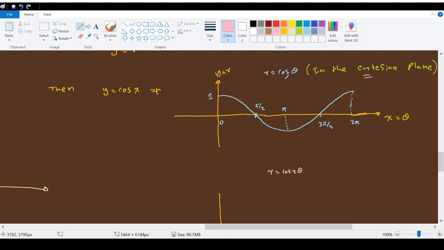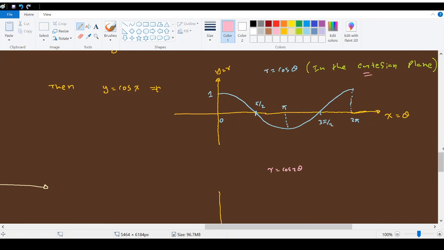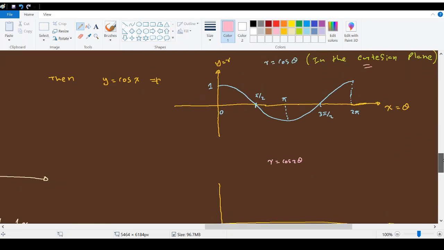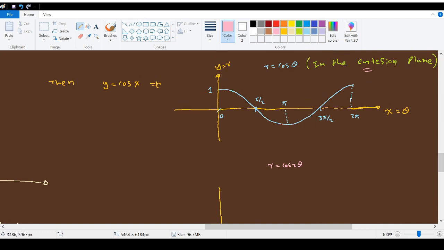Right, so how are we going to extract the graph of cosine 2 theta by looking at this? We just have to look for these important landmarks and then complete the remaining portions, because whether it is cosine 2 theta or cosine theta, the curve will still follow the same oscillating pattern. But these points might change.